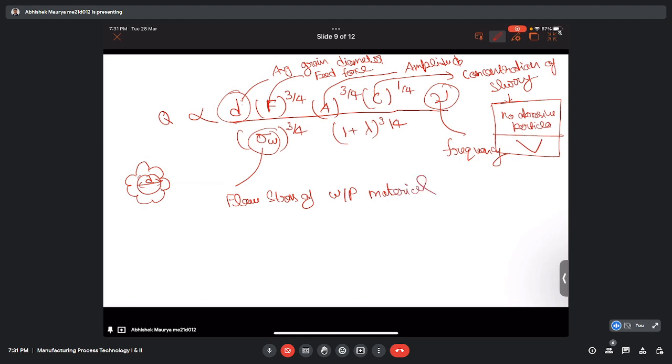And what is this lambda? This lambda is the ratio of the flow stress of the workpiece material to the flow stress of the tool material. So this process depends on many parameters: grain diameter, feed force, amplitude of the vibration, concentration of the slurry, frequency of the ultrasonic vibration, and flow stress of the workpiece and tool materials.